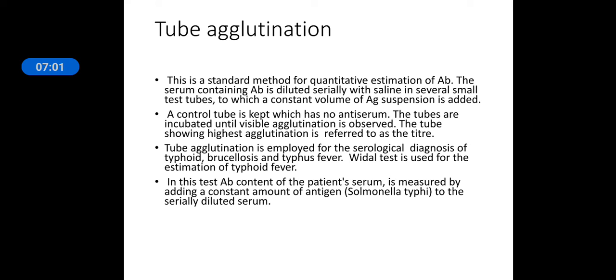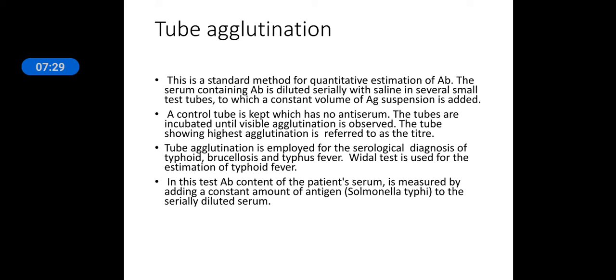This tube agglutination is employed for the diagnosis of typhoid or typhus fever or brucellosis. The famous Vidal test for typhoid fever is an application of tube agglutination. In this test, the antibody content of the patient's serum is measured by adding a constant amount of antigen, that is Salmonella typhi, to the serially diluted serum.